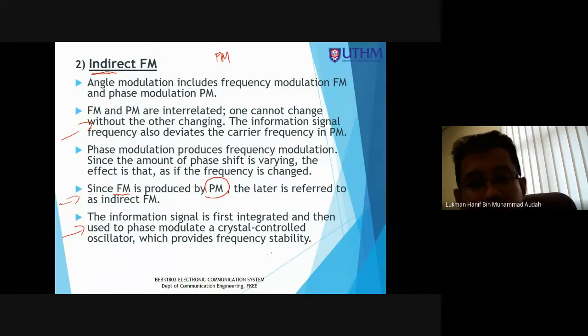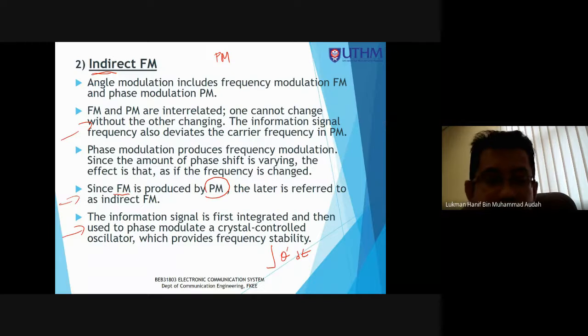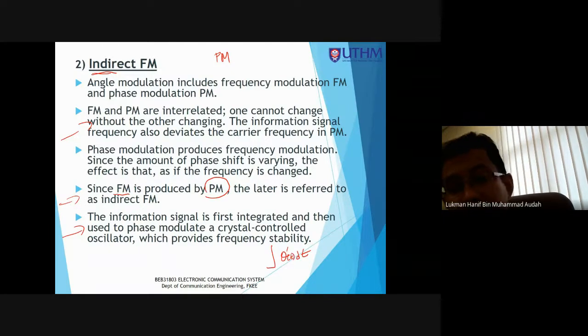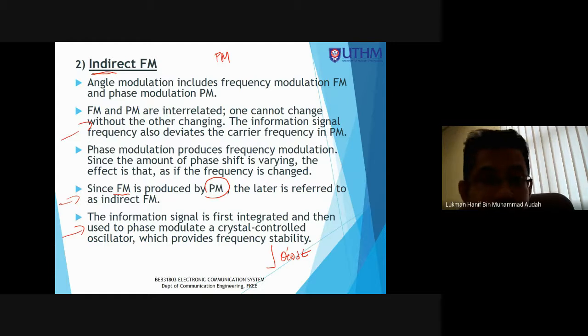Mula-mula kita perlu buat proses integral theta dt. Ini yang kita lihat dalam persamaan asal tadi dalam awal-awal angle modulation topic. Okay, we do the integral process and then we do the modulation process.